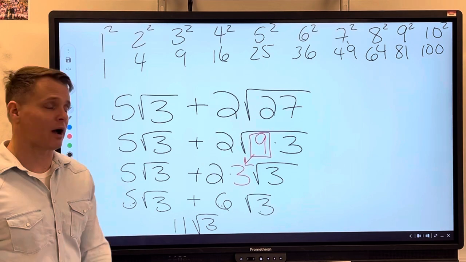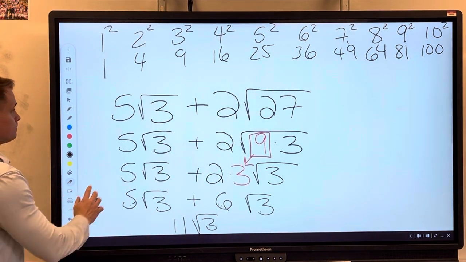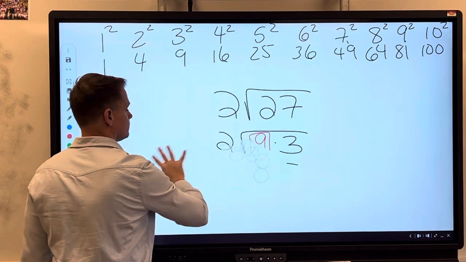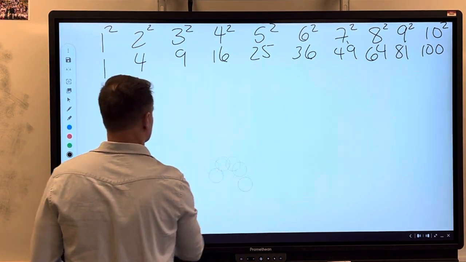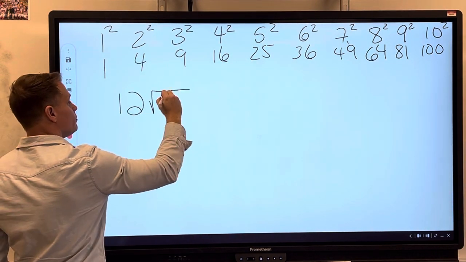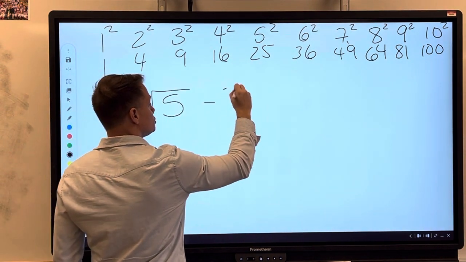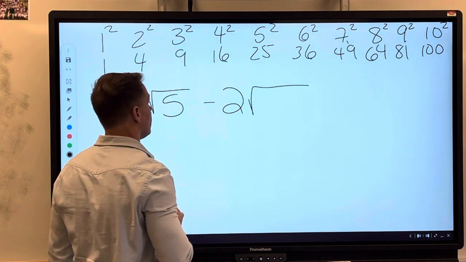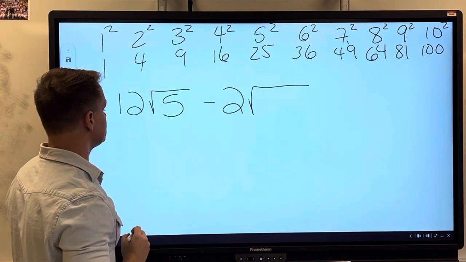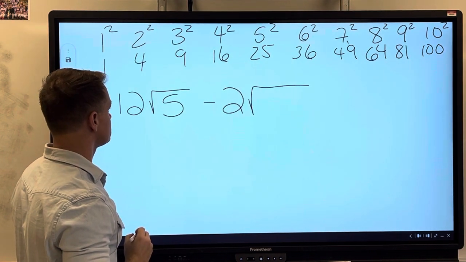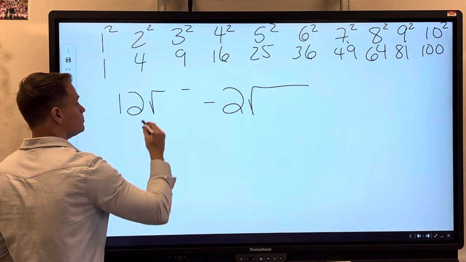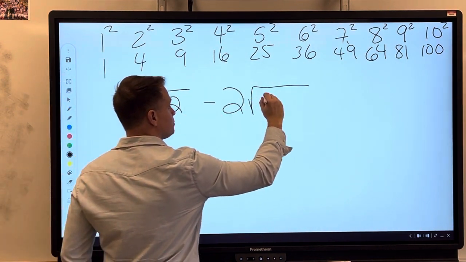Now, I want you to try one. Let's say 12 times the square root of 5 minus 2 times the square root of, let's say, let's change this 5 to a 2, and let's put a 50 here.